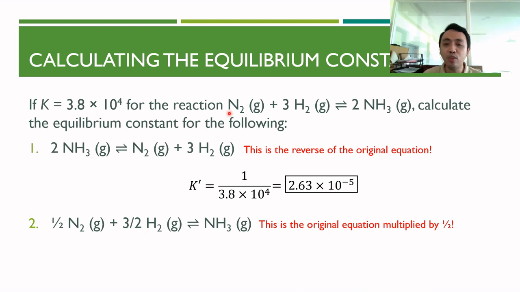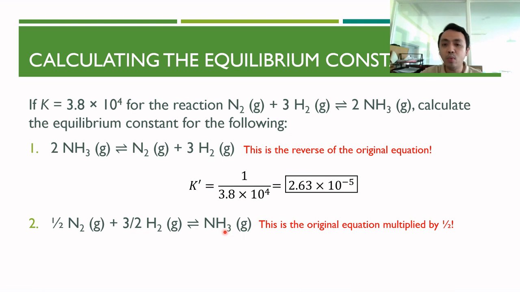For instance, for N2, its original coefficient is 1 times 1/2 giving you 1/2. For H2, its coefficient is originally 3 times 1/2 gives you 3/2. And for NH3, its original coefficient of 2 times 1/2 gives you 1.